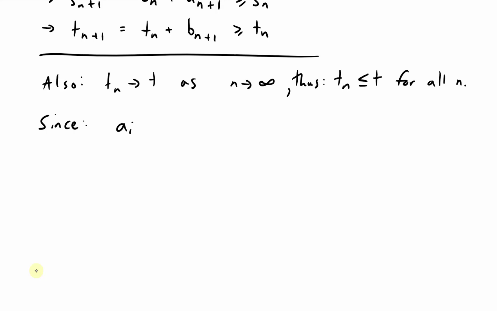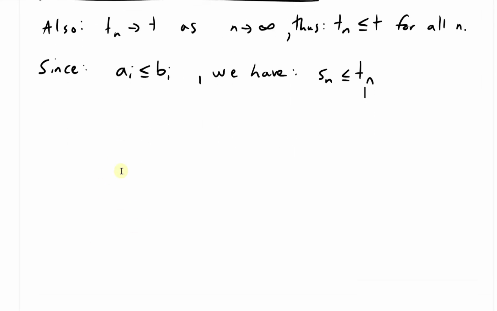So each term a_i is less than or equal to b_i, less than the comparison sequence term. So what we're going to have is S_n is less than or equal to T_n. Essentially we're putting into more general terms exactly what we showed in the previous geometric series example.